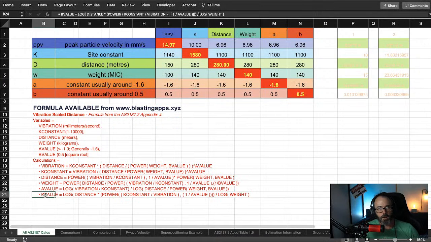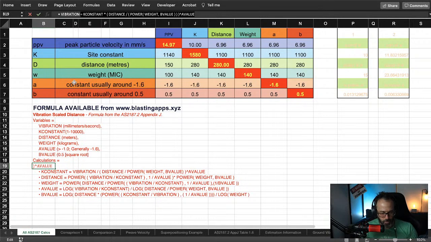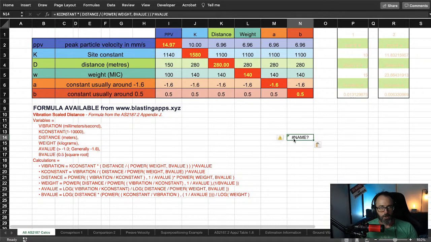It's pretty easy. You're just going to say, I want to find out what my vibration is here. I'm going to copy that from the equals sign. Pretty easy. Copy it. I'll put it in this cell just for now. I'll paste it in this cell.